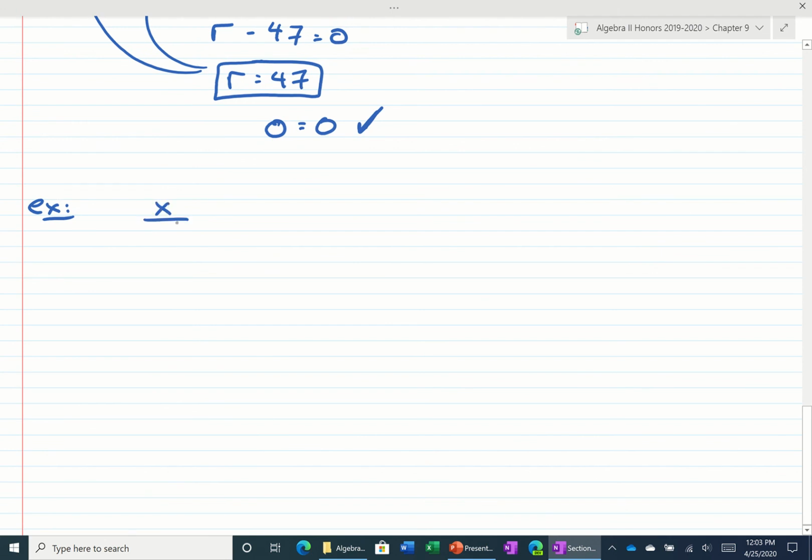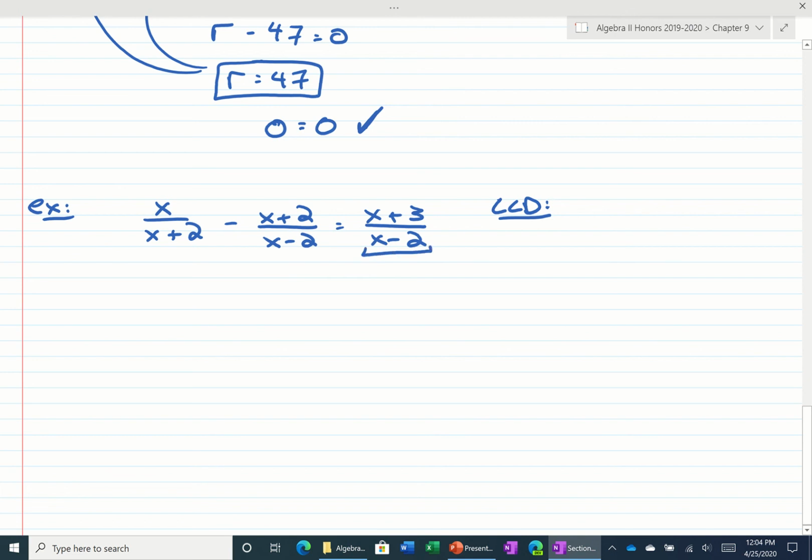What if we had x over x plus 2 minus x plus 2 over x minus 2 is equal to x plus 3 over x minus 2? Now, there's a few different ways we could handle this. These have the same denominator, so you could bring it over. But the way I'm going to handle this, just like all the other problems in this section, is to look for the least common denominator.